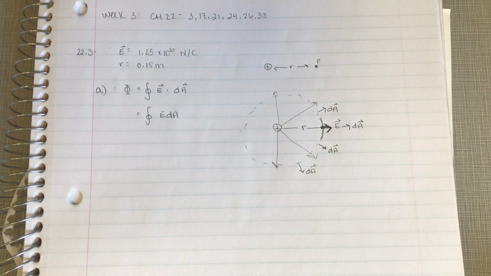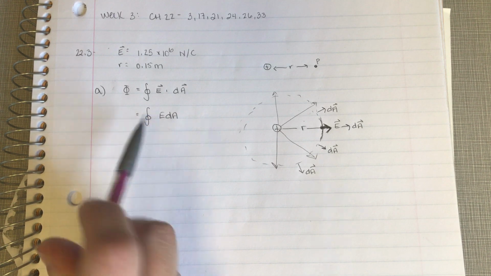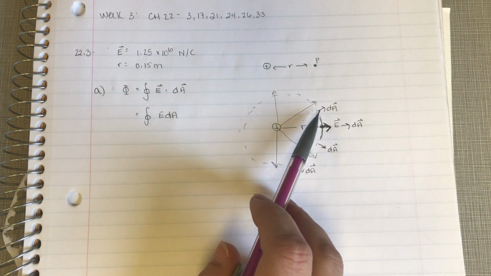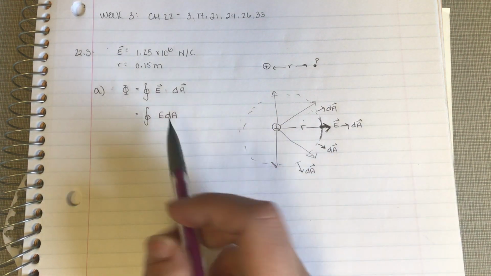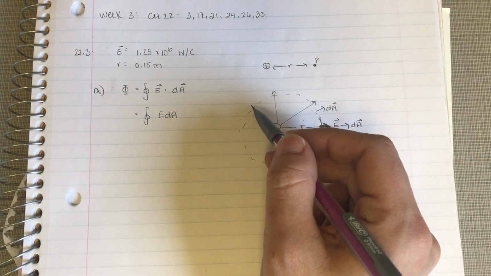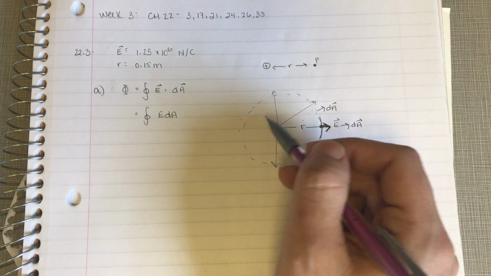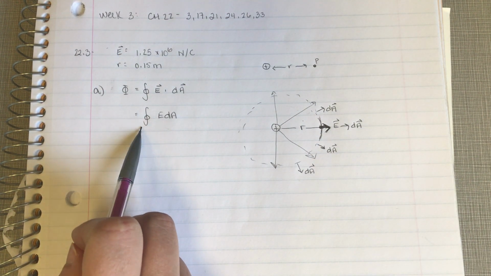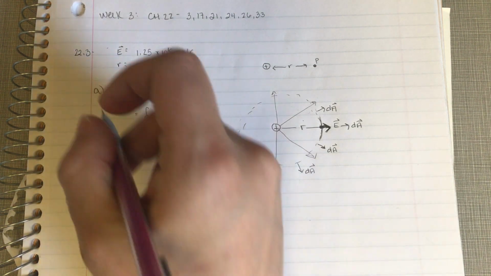Because this is a sphere, it has a nice happy radius. The electric field at that same radius all the way around is going to be constant. That's generally the case with Gauss's law because it's not useful to use it otherwise.